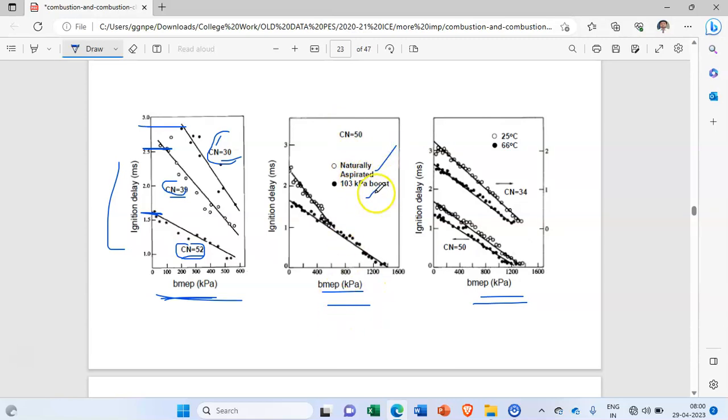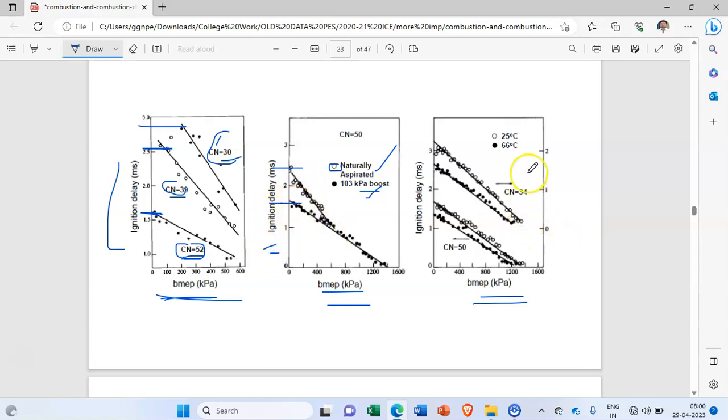Second parameter here, naturally aspirated or boosted. Okay, so if you see these particular dots, empty dots, this indicates naturally aspirated, and here we can see these dark dots, where some amount of air is forcefully circulated inside the combustion chamber. Okay, so in this particular case we get less ignition delay period.